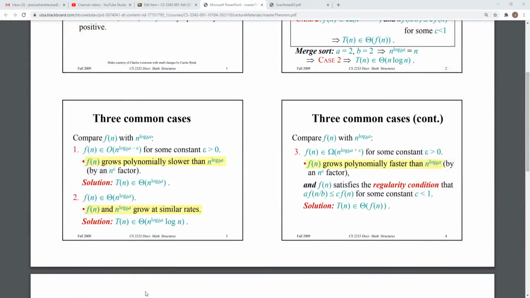So you can see in case 3, we're adding some epsilon, and this is saying that the f of n now is growing faster by an n to the epsilon factor.